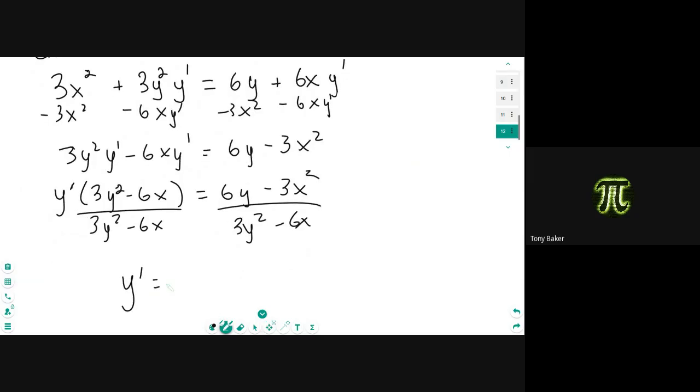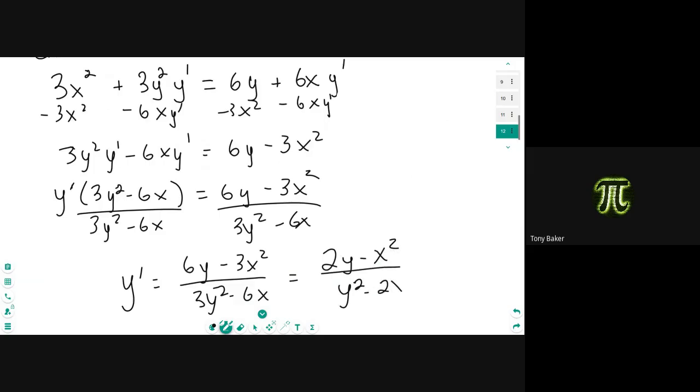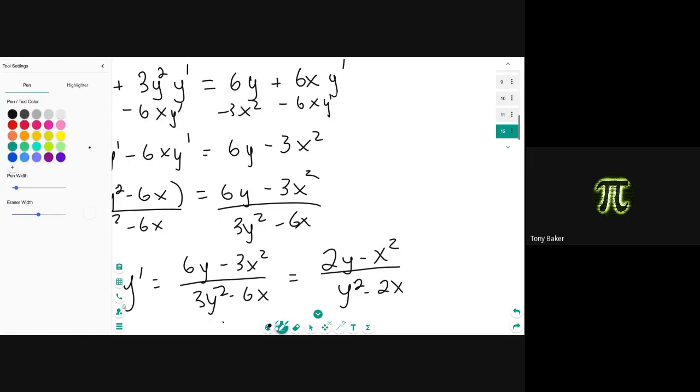So y prime equals 6y minus 3x squared over 3y squared minus 6x. I can technically divide everything by 3. You do not have to, but you can. And that's my derivative.